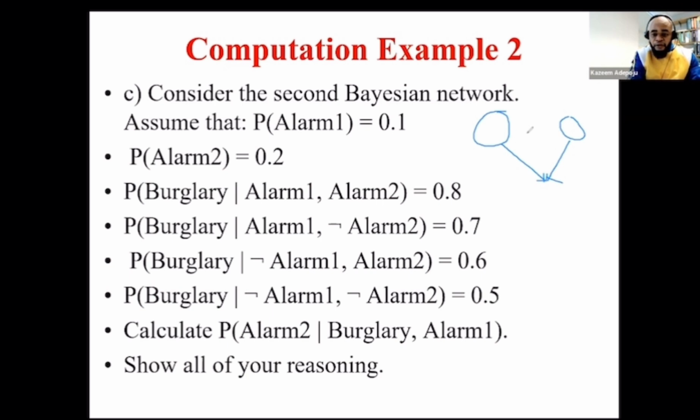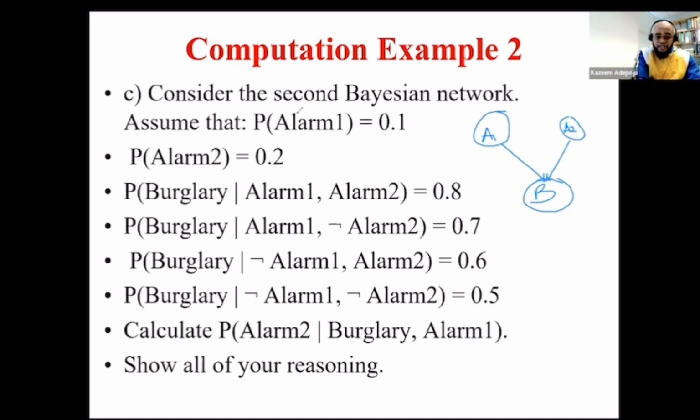If I call this one A1 to represent alarm 1, and this guy A2 to represent alarm 2, and then I call burglary B, this is the one we actually want to use.